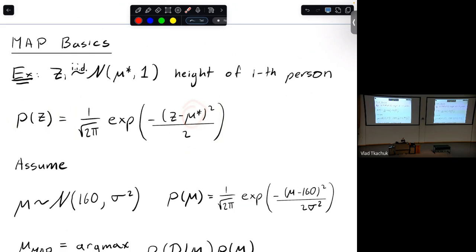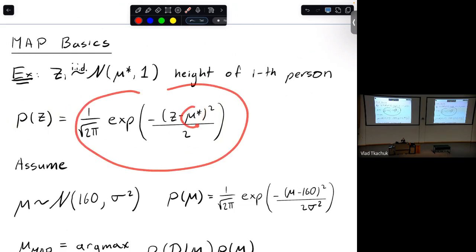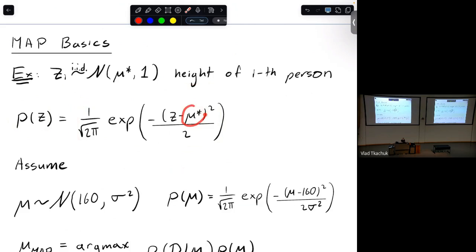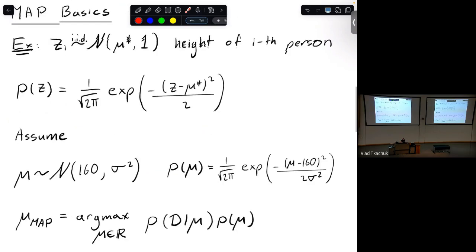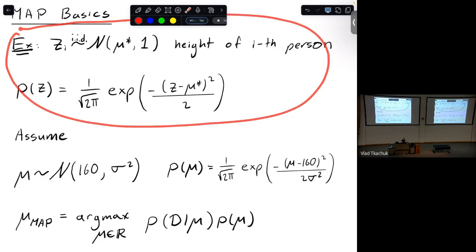Then you know that I'm using this type of function. I just plug in mu star and I know exactly what it is. So all these procedures of searching over functions just reduce to searching over a single number, or potentially multiple parameters, which is multiple numbers. Okay, anyways, this so far is the same as MLE. This exactly was the same.